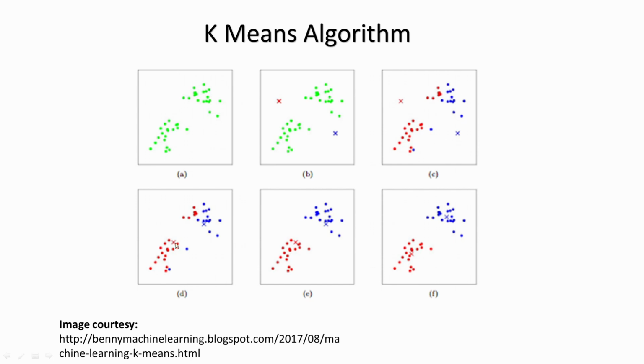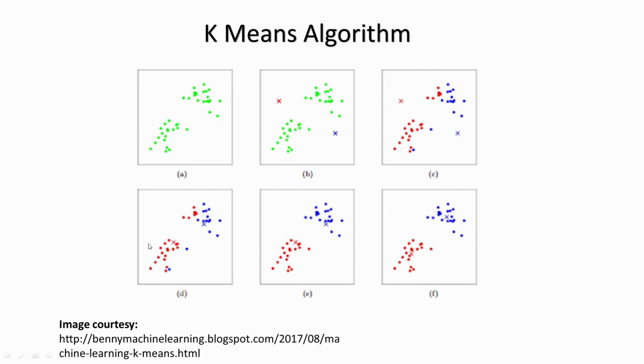Here we have calculated the middle point here, and for the blue cluster here. So we have repositioned the centroids red X and blue X here. Now we are again going to map the data points to their nearest cluster.